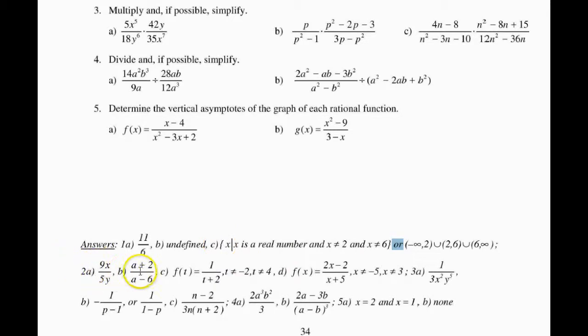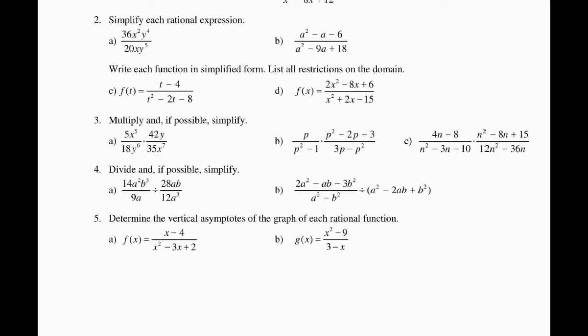2a is good, 2b, 2c, notice they have the 1 there, and our restrictions. Okay, we're going on to D and further. Going on now to letter D, we need to factor it, and the bottom.